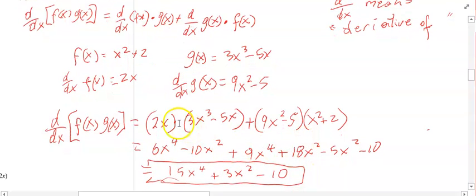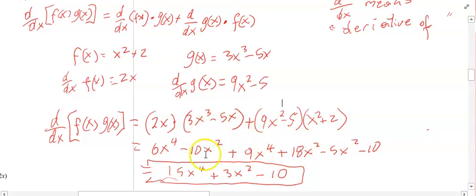Then we will expand. 2x times 3x cubed, that's 6x to the 4th power, 2x times 5x, that's 10x squared, so we have 6x to the 4th minus 10x squared, plus 9x squared times x squared, that's 9x to the 4th power, 9x squared times 2, that would be 18x squared, minus 5 times x squared, that's 5x squared, minus 5 times 2, that's minus 10.